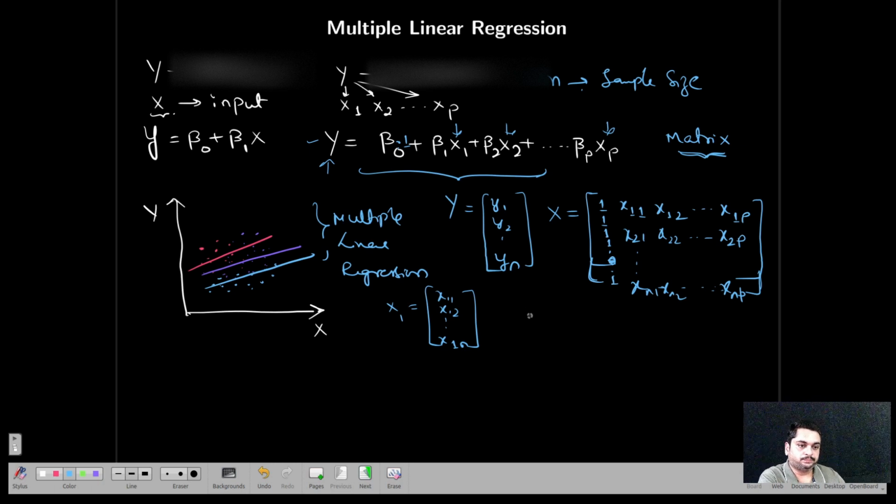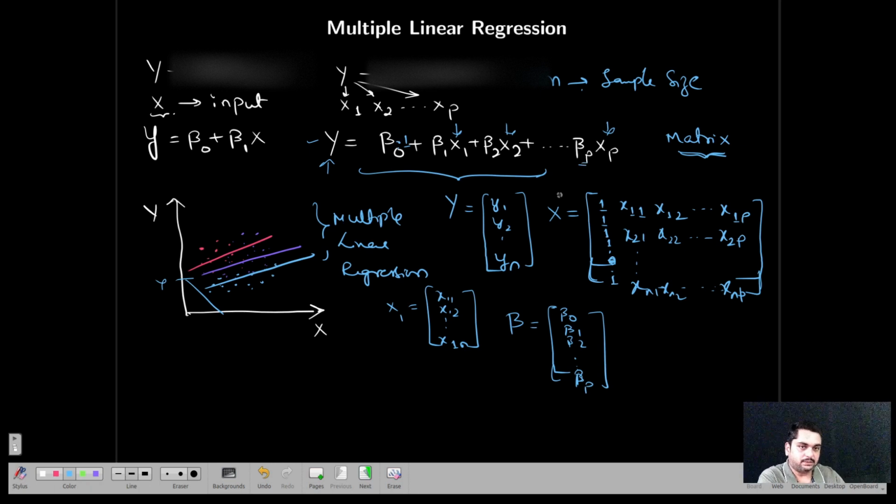Now, how will you convert beta, that is the slope? It is also a column vector. Beta naught is the intercept. It is common for all; the intercept for the lines remains the same, where it cuts y. Then beta 1, beta 2, so on up to beta p, not n, because I have beta naught to beta p.